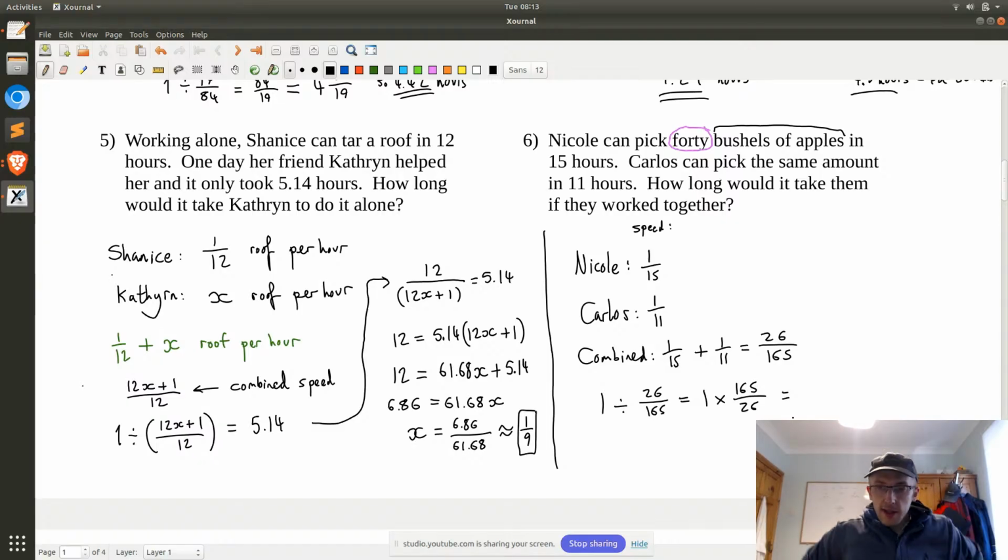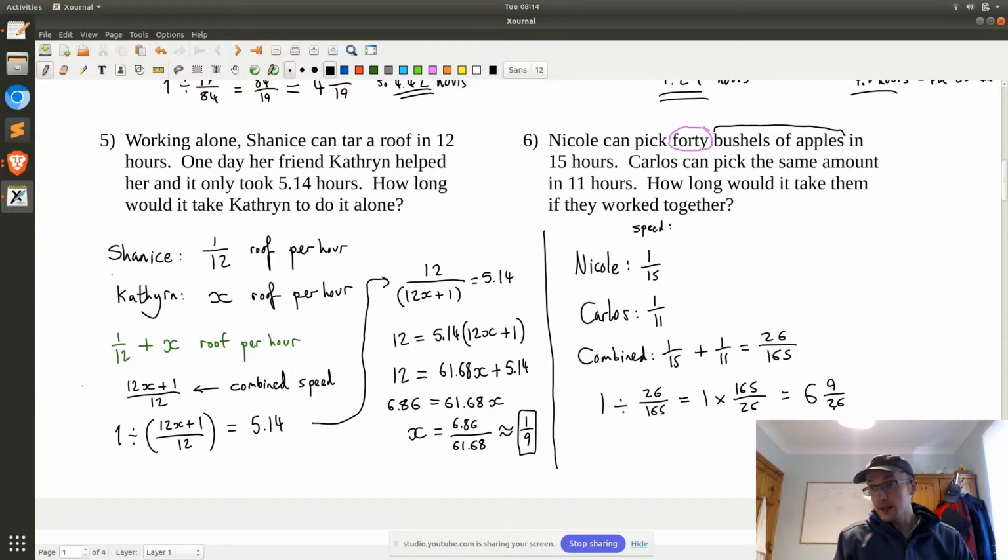And how many 26s fit into 165? Well, 5 times 26 is 130. 6 times 26 is 156. So it's like 6. And then we have 9 left over.